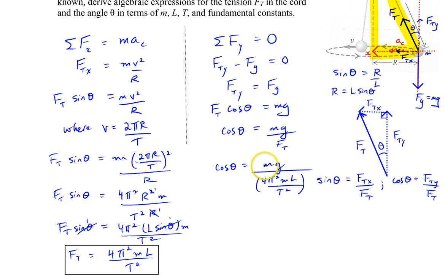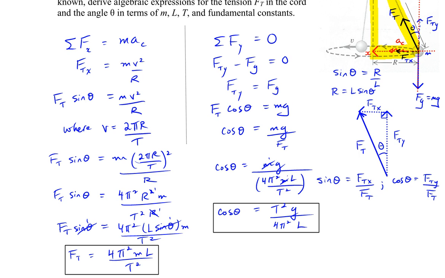And interestingly, the mass cancels out. And so you get cosine theta equals, let's bring up that T squared to the top, T squared times g all over 4 pi squared times L. And so there's our answer for the second part.